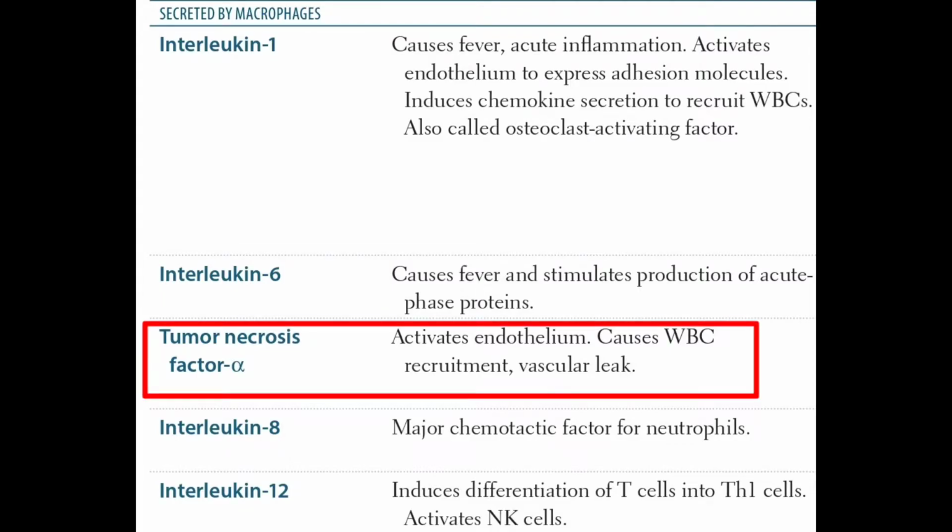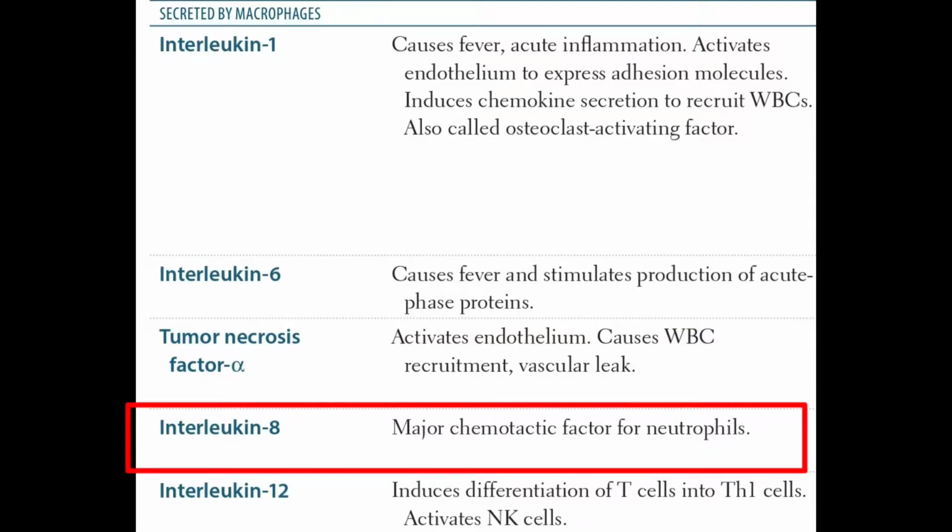Interleukin 6 also causes fever and stimulates production of the acute phase proteins. Tumor necrosis factor alpha activates endothelium and causes WBC recruitment, and it also causes vascular leak. Interleukin 8 is the major chemotactic factor for the neutrophils.